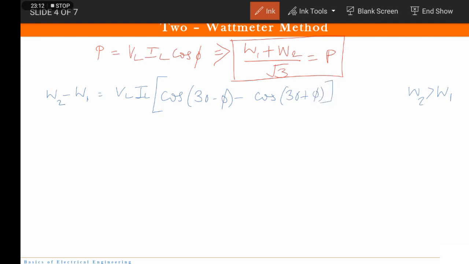Here it is cos(A minus B) minus cos(A plus B), which is 2 sin A sin B. Sin 30, sin 5. What is sin 30? Half. So VL IL, 2 into half, sin 5.